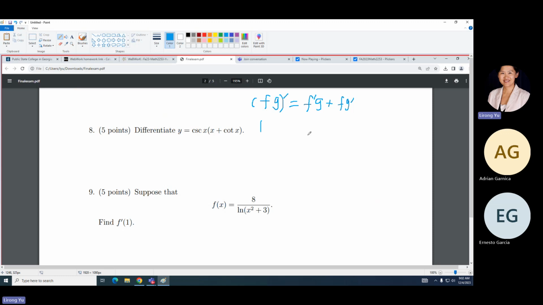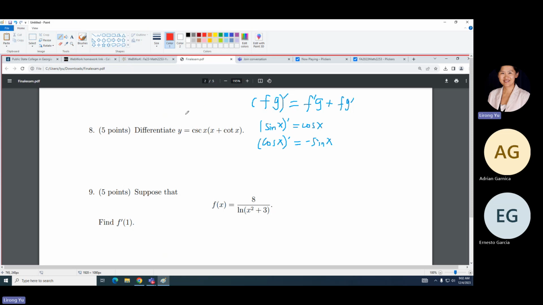Let's see, the derivative of sine is cosine, and the derivative of cosine, you kind of remember the trig functions, is negative sine. These two are a pair of cofunctions, so there's a little change to the sign.